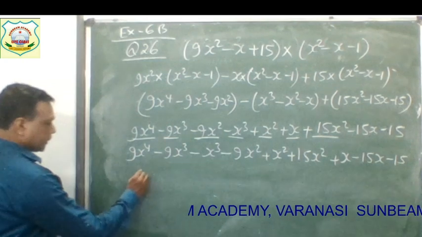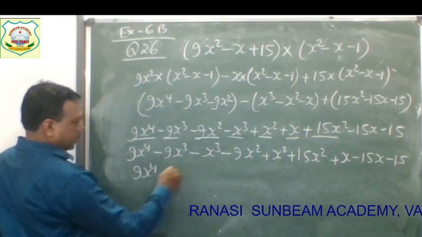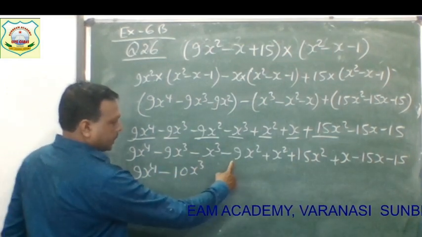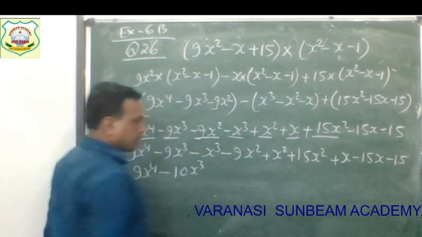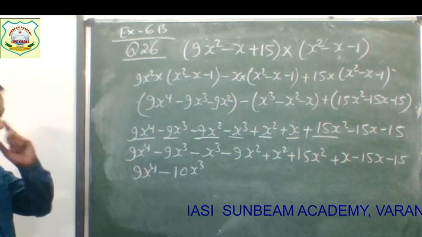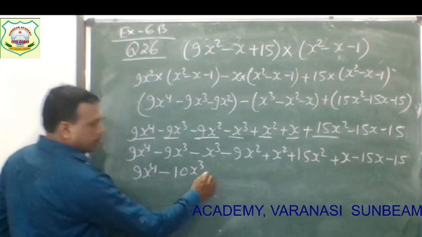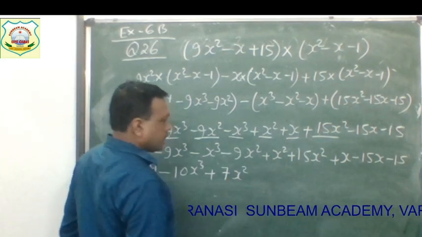9x power 4, same, minus 9 and minus 1, minus 10x cube, we know that minus plus. Minus 9x square, 15 plus 1, 16, 16x square. 16x square plus minus 9x square, 16 minus 9 is 7, because 16 is greater than minus 9.